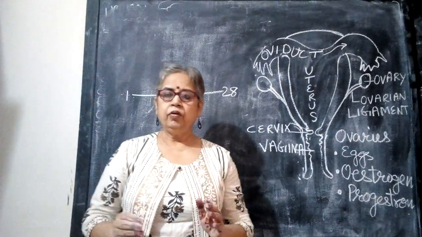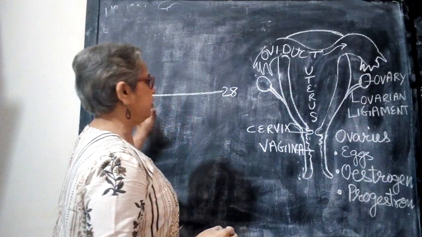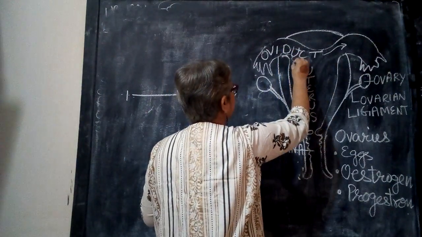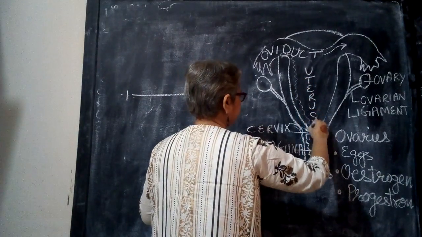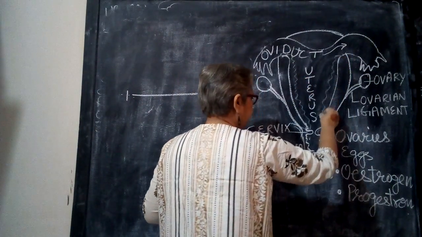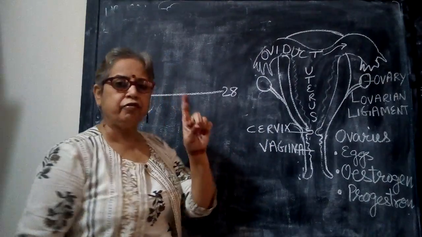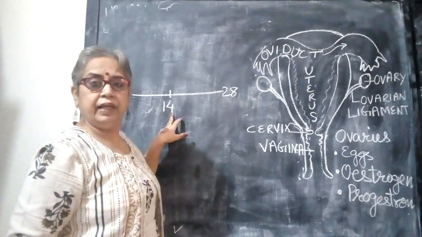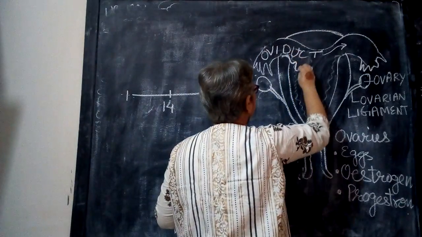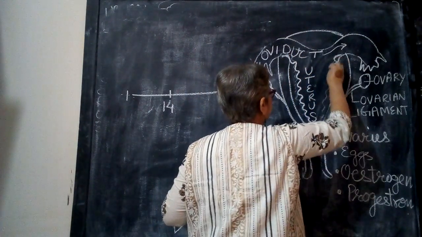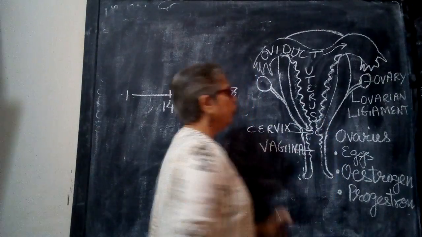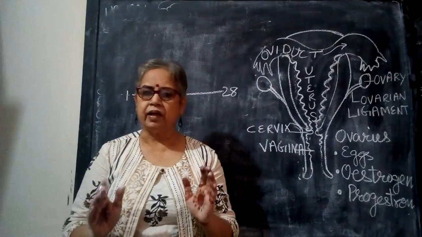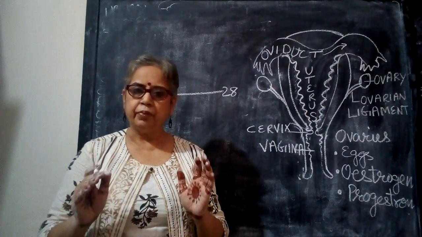From the first day, the uterus wall starts becoming thick. On about day 14, it becomes the thickest, so as to receive the fertilized egg or the embryo.